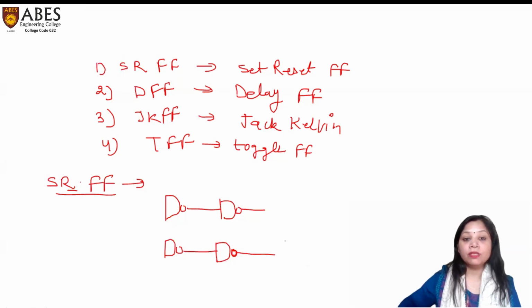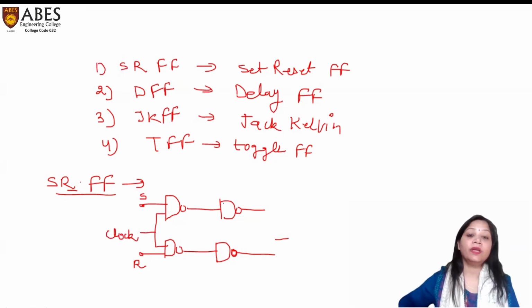First, the first input of this NAND gate is S, and the second NAND gate's one input is R, set reset, and the second input of both the NAND gates is connected to the clock. Right?